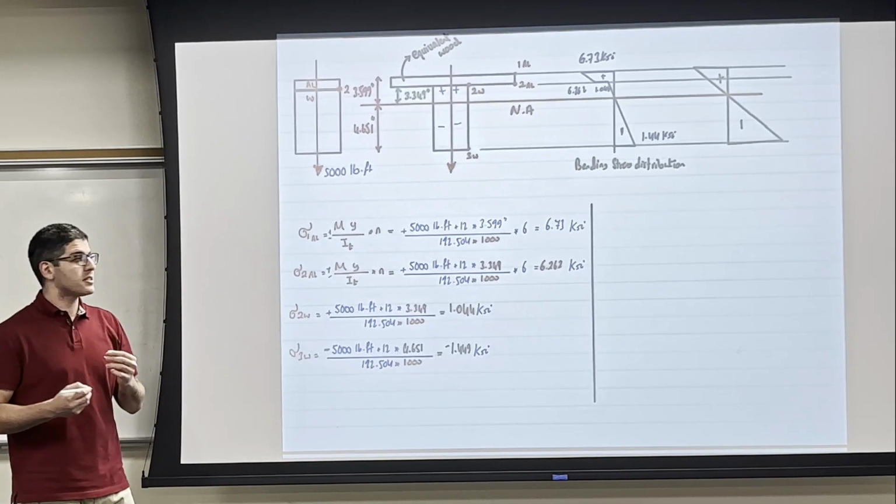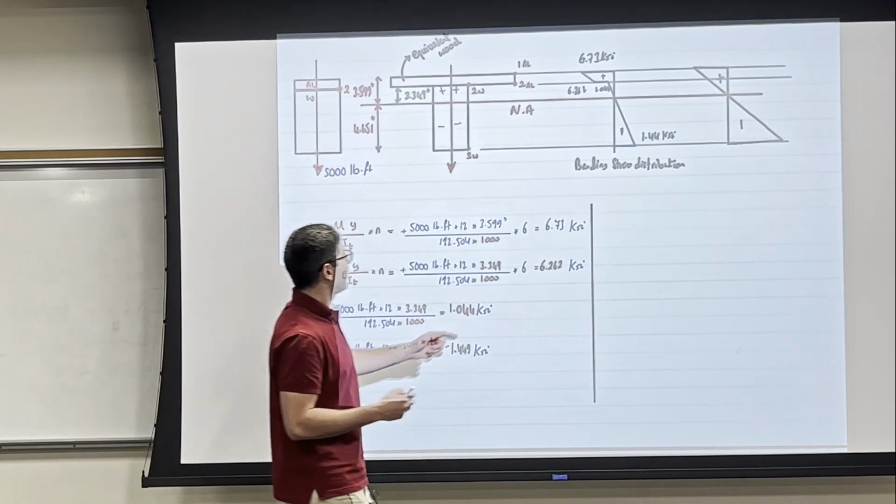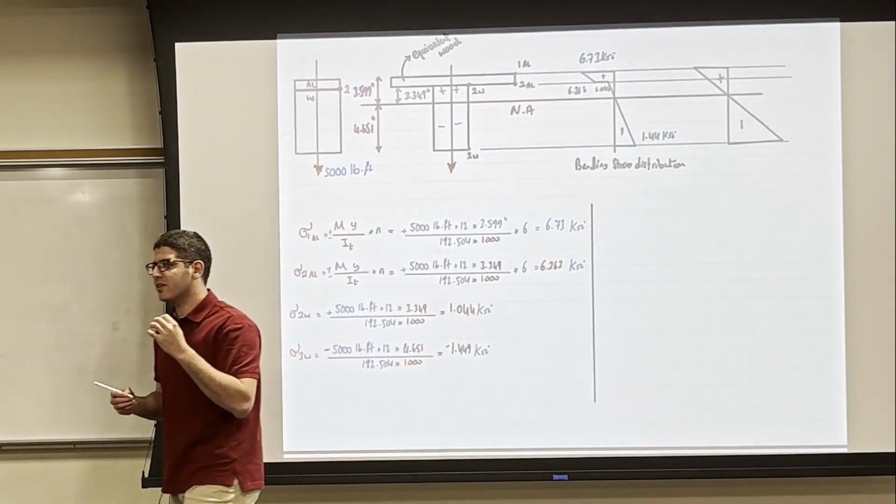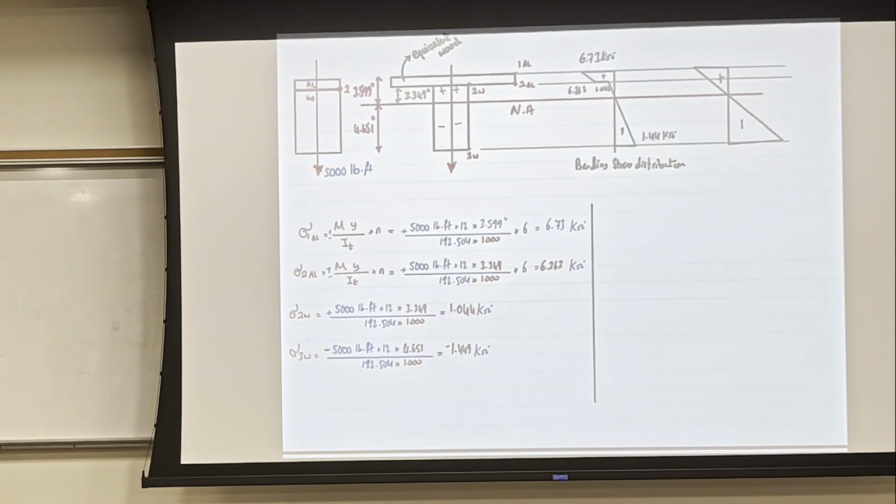But if you're not convinced, let's calculate the strain at all these points. If you remember the equation for the strain, for example at point 1 in the aluminum, the strain is equal to stress over modulus of elasticity. So the stress here, I'm going to simply take this value, 6.73, divided by the modulus of elasticity of the aluminum, because point 1 was in the aluminum, which is 10,200.